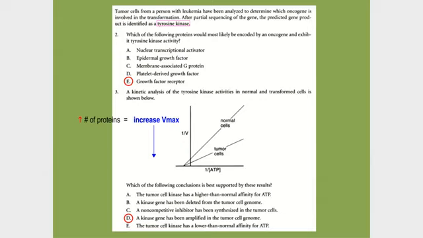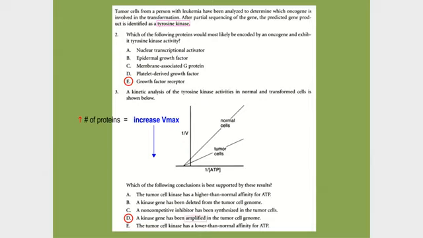And the reason is it's a double reciprocal plot. So going from top to bottom on the y-axis, normal cells to tumor cells, you're increasing Vmax. And so, if you're increasing Vmax, that means the gene is now being amplified to make more enzymes.